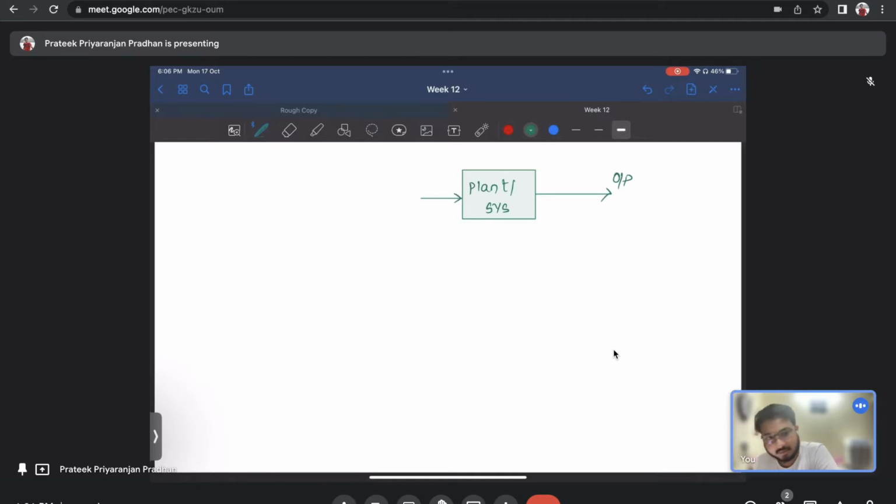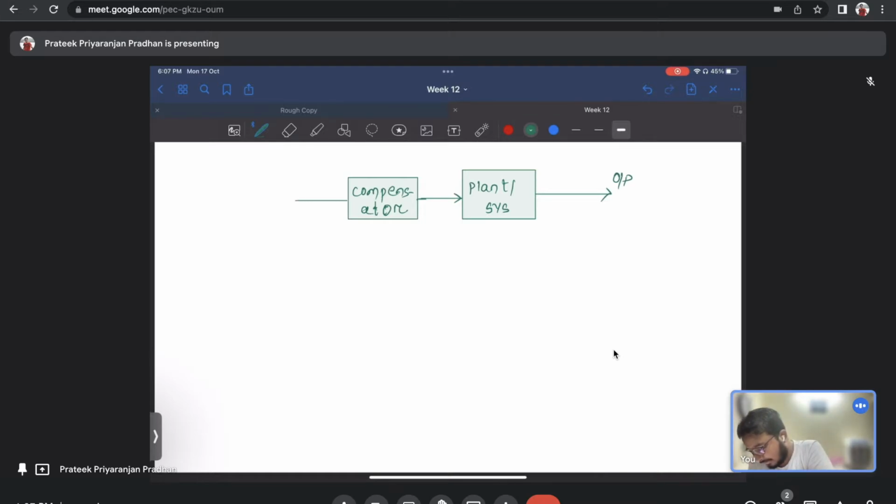What will be the input that we will decide? The input comes from the compensator. There used to be a controller, now it's the compensator. There is a very thin line between what is called a controller and a compensator. I want you to explore it by yourself.